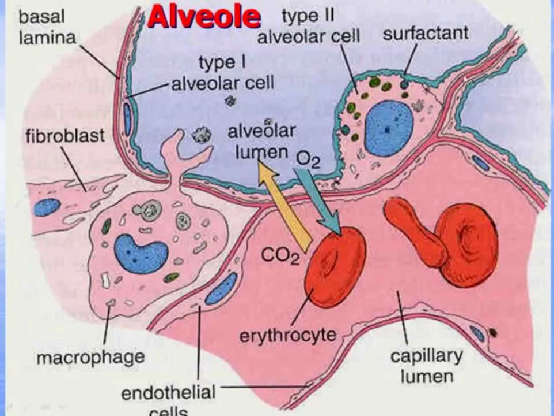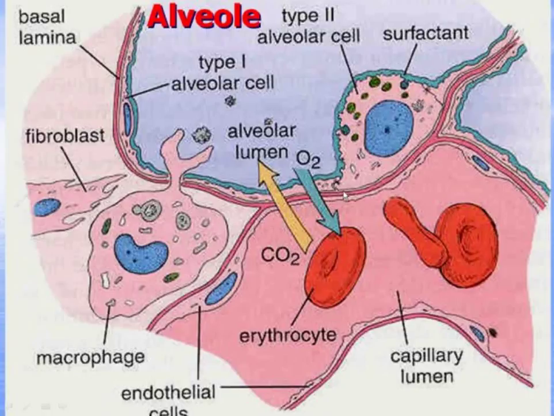This is one alveolus. This blue air space is lined mostly by flat cells, type 1 alveolar cells. This is a blood capillary with blood, erythrocytes. It is lined by endothelium, with very thin cytoplasm without nuclei of the endothelial cell, and similar thin cytoplasm without nuclei of alveolar cells, and a common basal membrane.